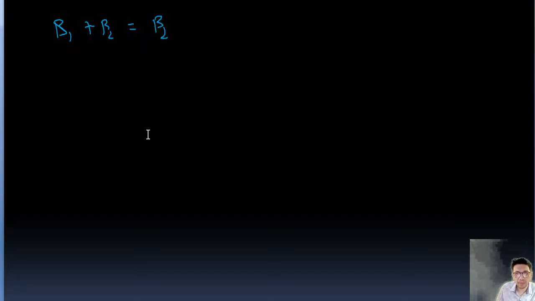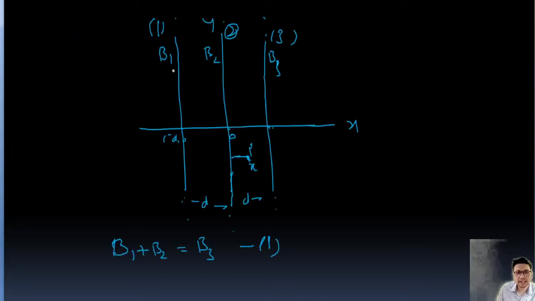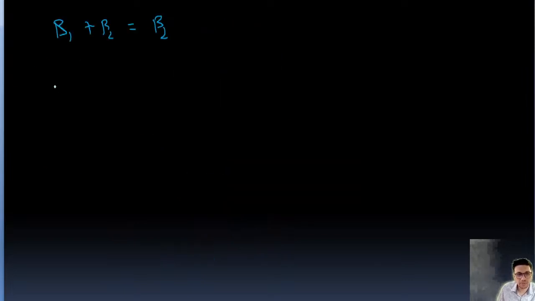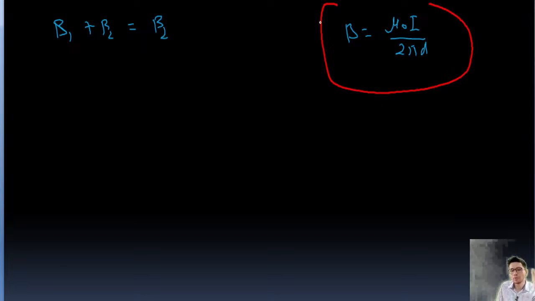We know the magnetic field because of an infinitely long wire at any point is B equals mu 0 I upon 2 pi d. You need to note this down: mu 0 I upon 2 pi d, where d is the distance. We'll use that simple formula.